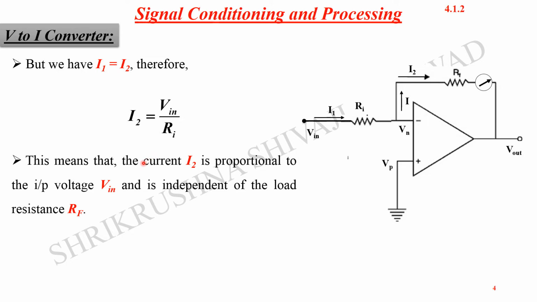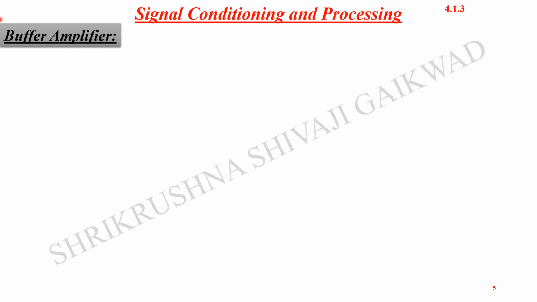Okay, so now another topic, that is the buffer amplifier. It is a very important amplifier in electronic instrumentation, because it has so many applications in the industries or the electronic circuitries.